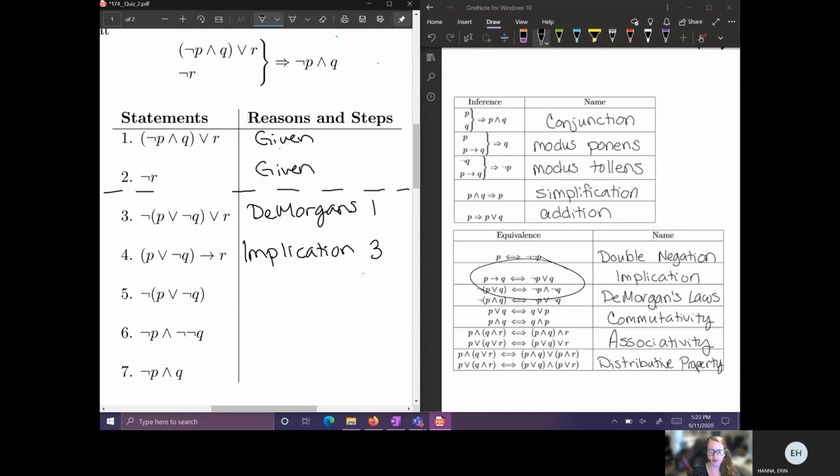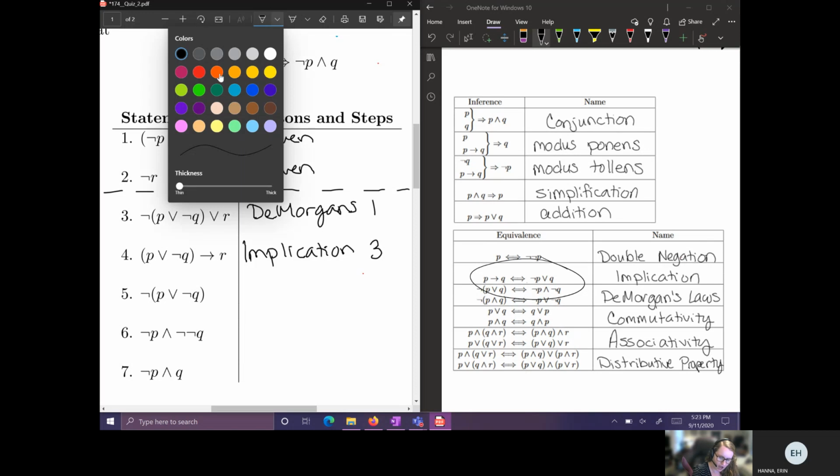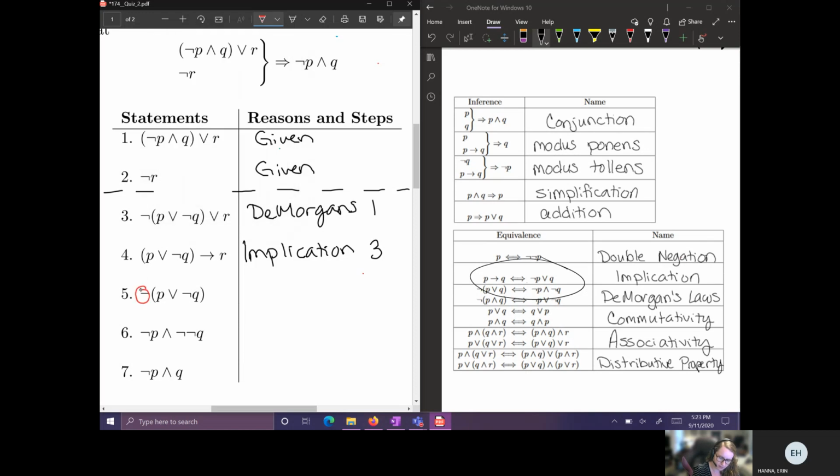Now this next step is where things get a bit more intricate and a bit more involved, I should say. We have not P or not Q. If I look at line 4, if I just start by looking at the line above it, what are the differences that are going on? Well, I have a not that's getting picked up. This piece stays the same, but then my implies R is gone.